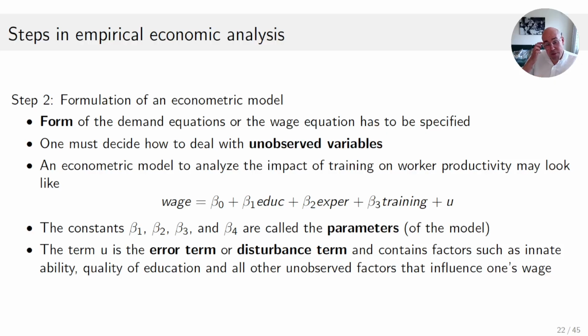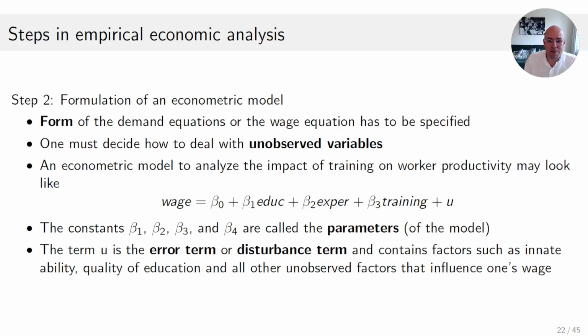Step 2 is the formulation of an econometric model. When we do that, then what we have to do is we really have to write down a functional form of, for instance, these demand equations or the wage equation. One has to take a stance and make a decision on how to deal with variables that one would love to put into that model, but that are simply not observed, that are not part of our data set.